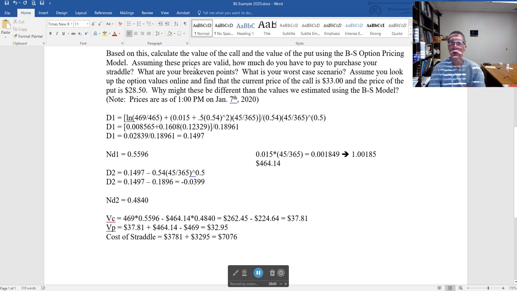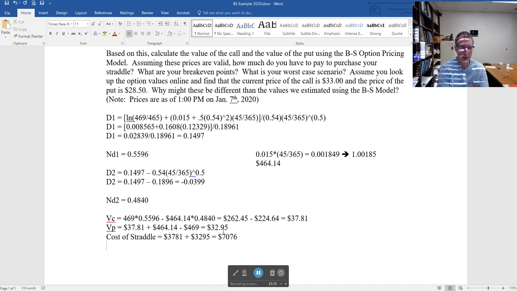Okay, now there are some other questions. What are our break-even points? Well, note that we can't generate a profit on both the call and the put. When we're talking about break-even points, we're talking about break-even at expiration. And so what we're saying is we need to make $70.76 from the call, or we need to make $70.76 from the put. We're not going to make money off of both of those.